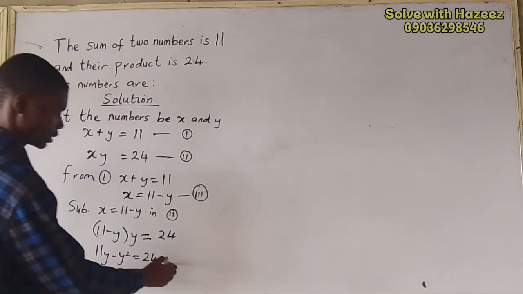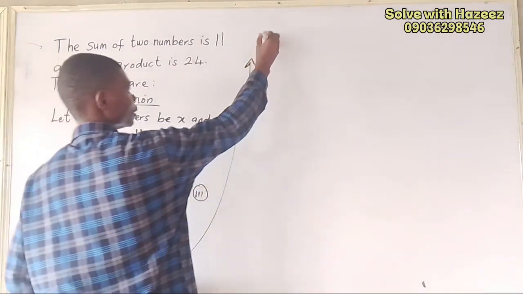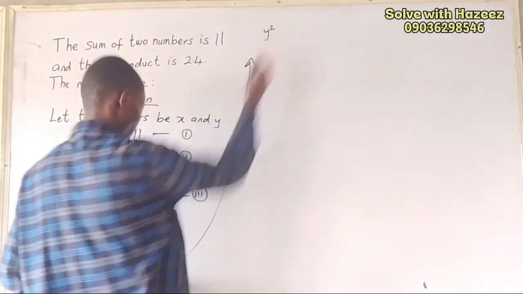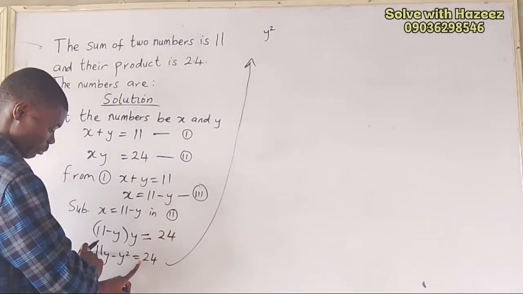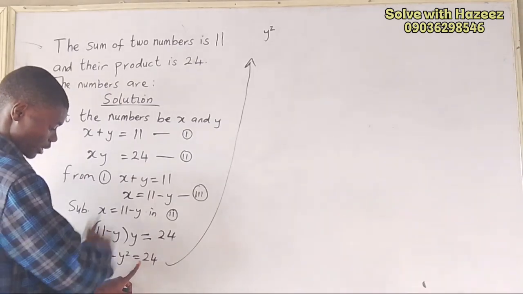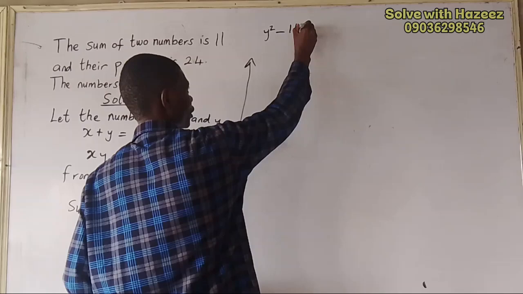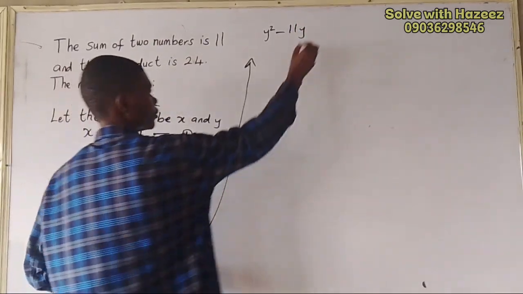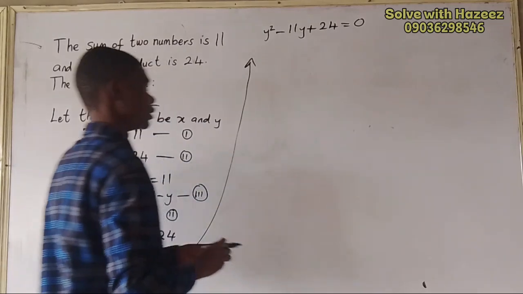So we have y squared, minus 11y, plus 24 is equals to 0.